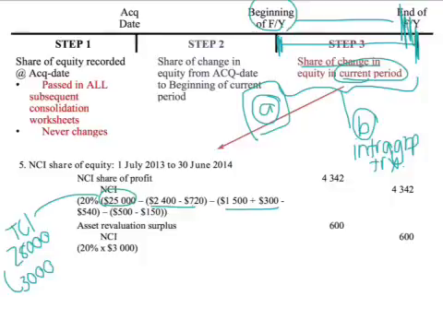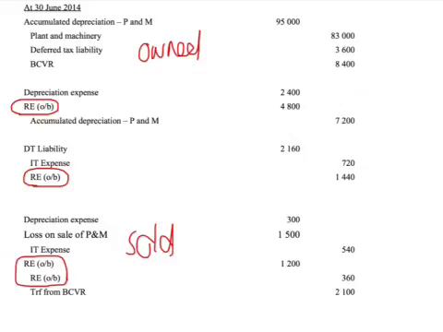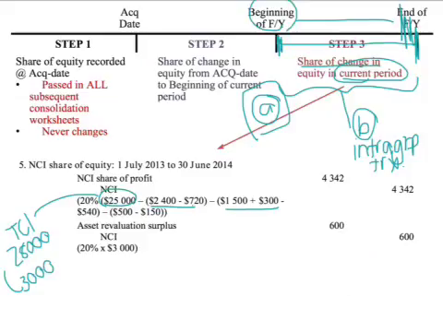I can't remember the entries now. Let me just quickly go back to that slide. So for the plant and machinery, it was depreciation after tax. Oh yes, and then the machinery that was sold in the current year. So that extra depreciation for the 6 months and the loss after tax.